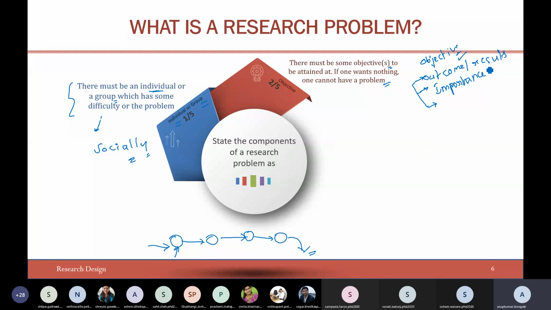So objective is about what exactly you are trying to do in your entire 4 years or let's say 3 years. That is what the research objective is all about. Once you complete those 3, 4 or 5 objectives, it means that you have completed your PhD, right?